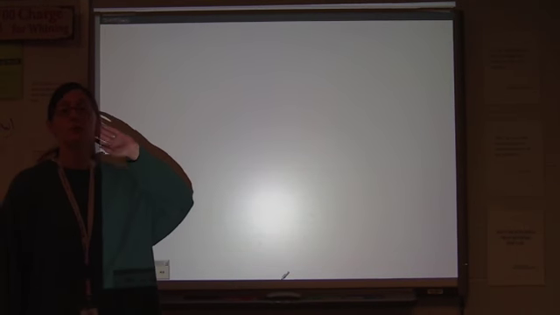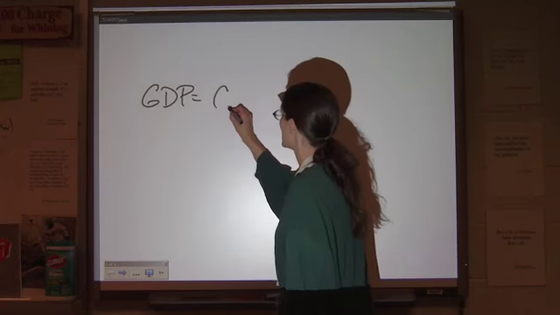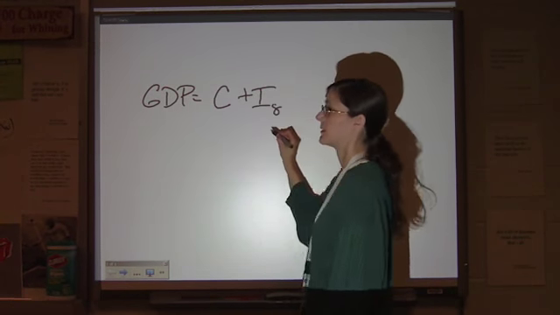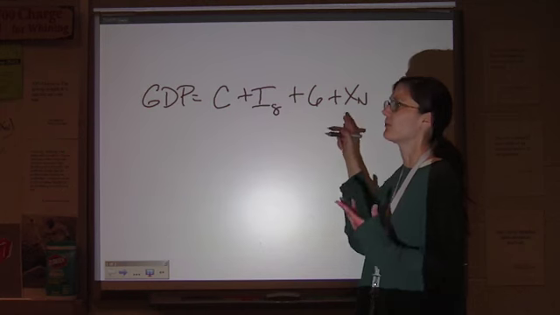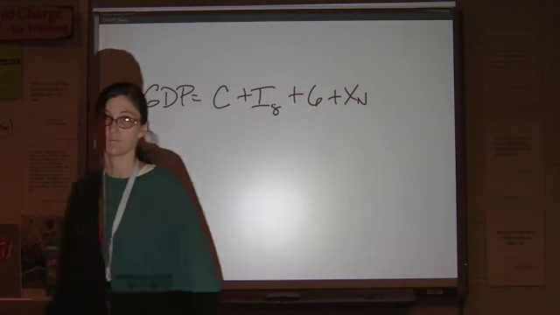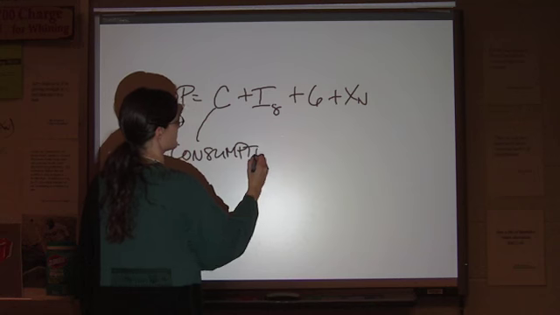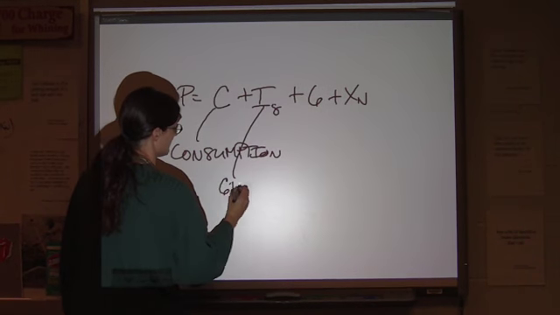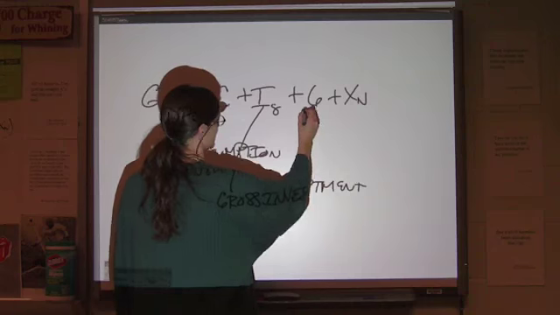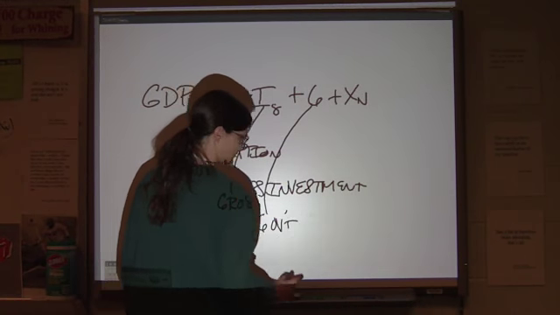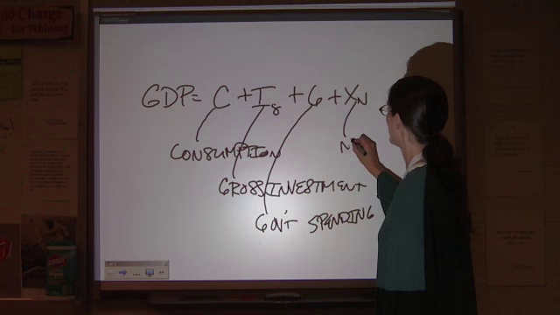Our basic GDP equation, if we're looking at it in terms of expenditures, is C plus I plus G plus X sub N. And there are different ways to write a couple of these, but what we're looking at is consumption, gross investment, government spending, and net exports.